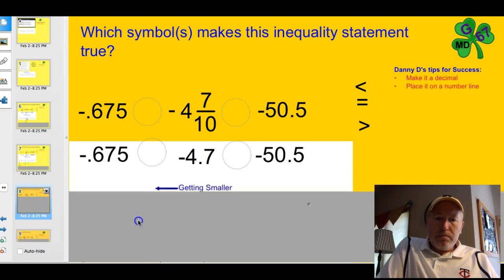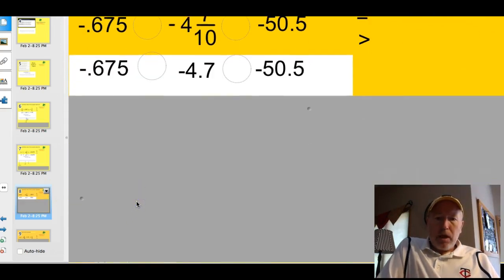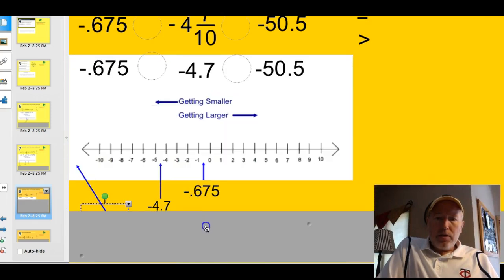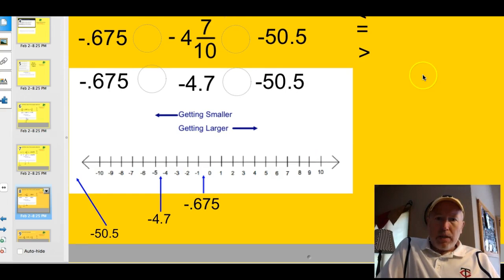Okie dokie. Here's what they are as decimals. And here's the way they go. So I have to compare them. So let's see, this one here, 0.675, is greater than negative 4 7/10, and negative 4 7/10 is greater than negative 50.5.